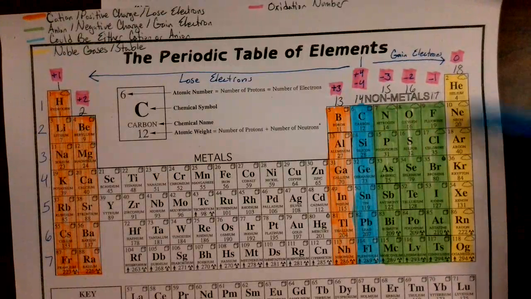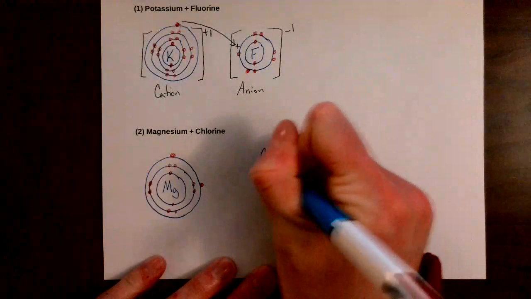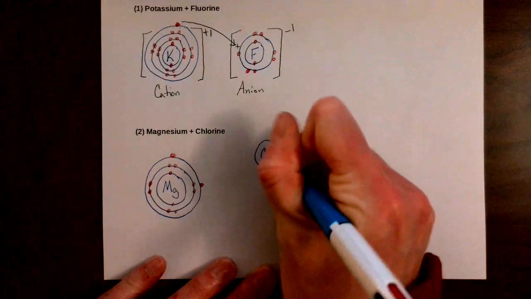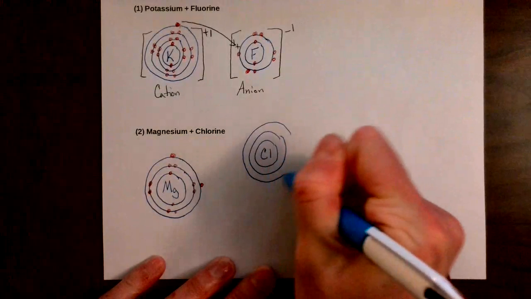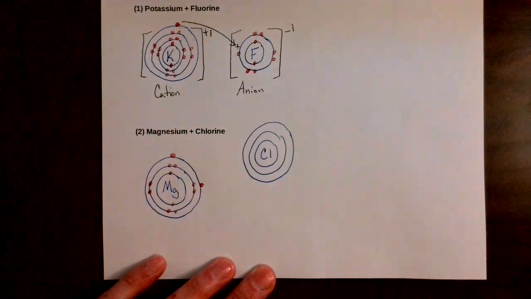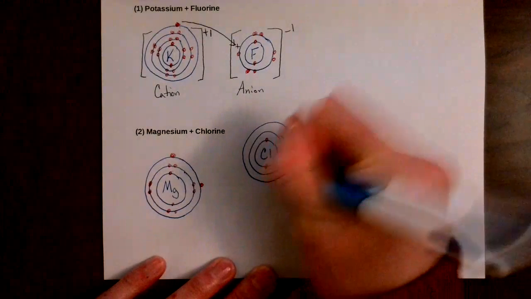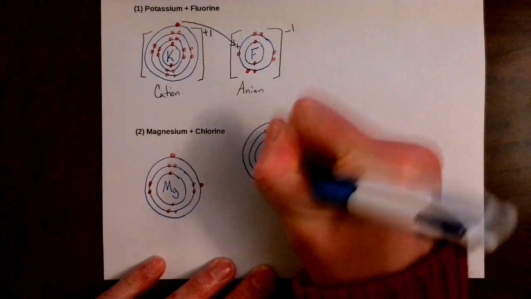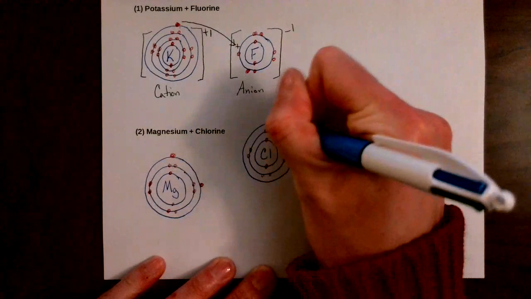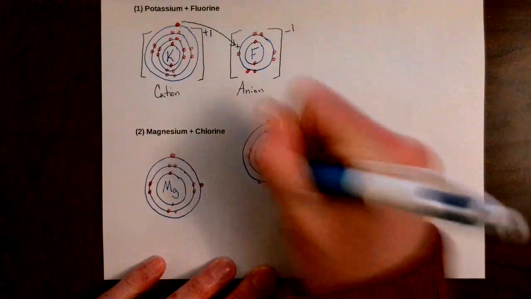And it's in period 3, so it'll have 3 orbitals. So I'm going to draw my chlorine here with its 1, 2, and 3 orbitals. Again, the atomic number is 17, so it'll have 17 electrons, 2 in the first, 8 in the second orbital, and 7 in the third.